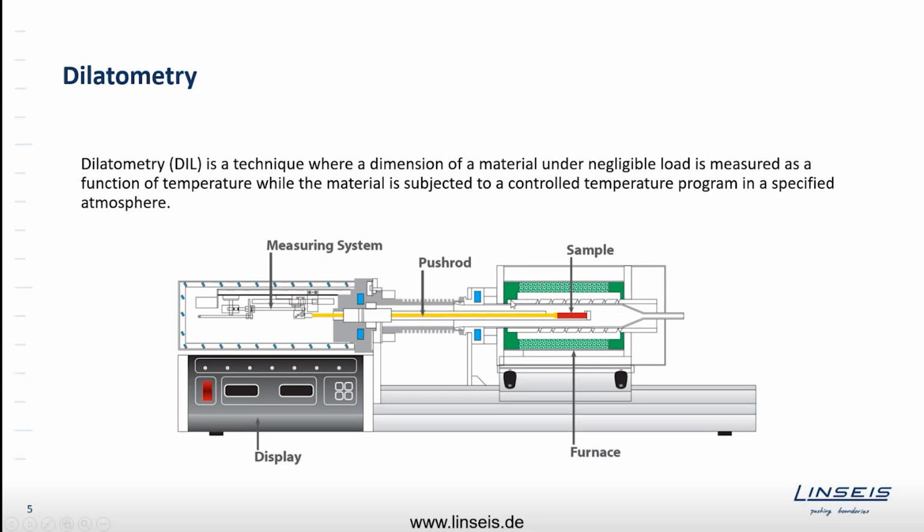So somehow you get rid of the heat of the furnace in this middle part. And the measurement system more or less records the movement of the sample when the sample sees some heat or some cooling or any kind of temperature change. And this is what you do. You basically record the expansion or the shrinkage of your sample. So this is just the basic principle of a dilatometer.